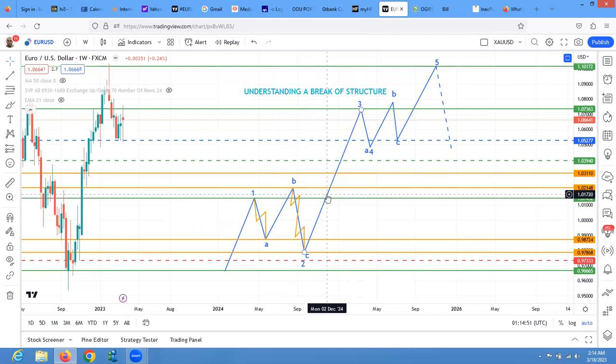Now, because it's an X, what is the structure of X? You must know that the structure of X is always less than 85.4.